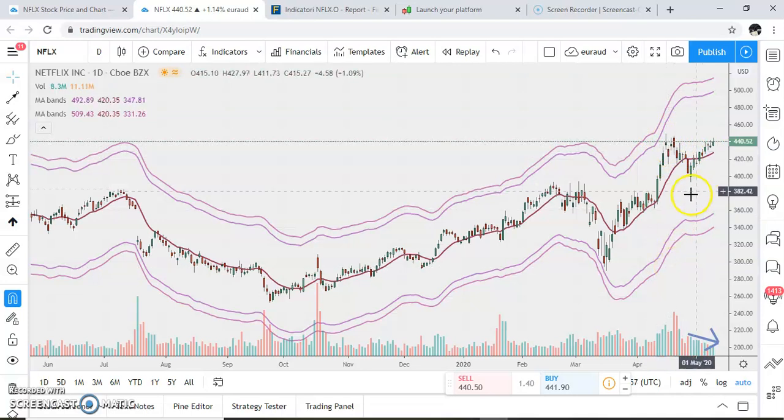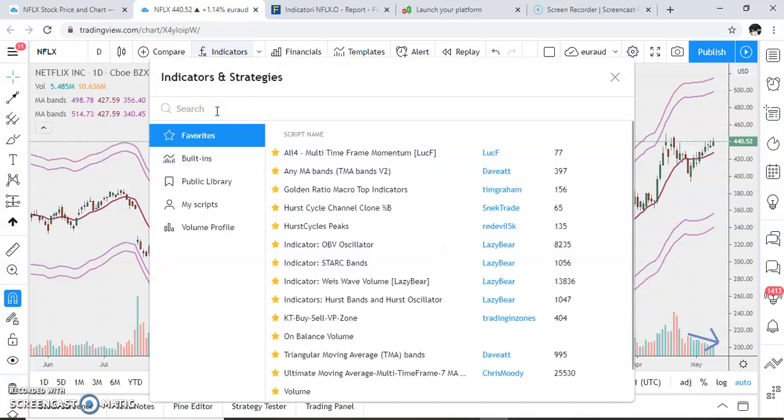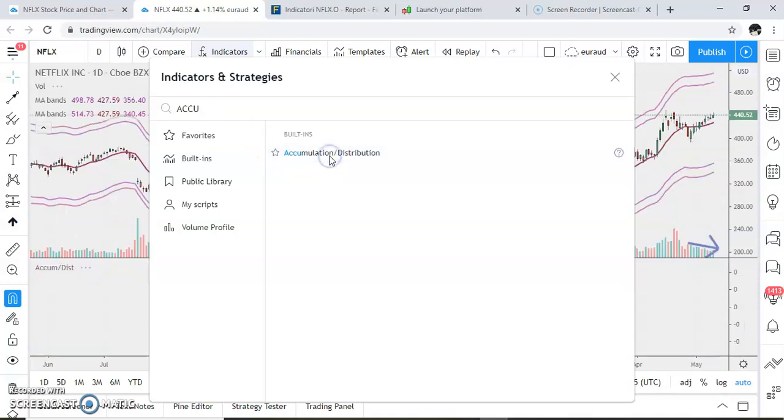So from the volume analysis, and using my indicator, we see that we are really close to a relative top. Now we could also use the accumulation distribution as a second confirmation.